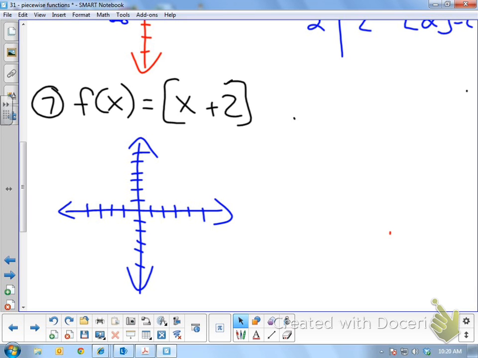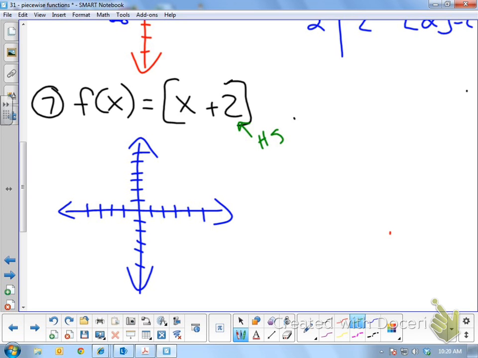We've also moved around quadratics. When the number was inside the parentheses on the quadratics, what direction did we move in? To the left. Sorry, I'm backwards from you guys, so I always have to think of which way is your left. If it's inside, it's a horizontal shift.